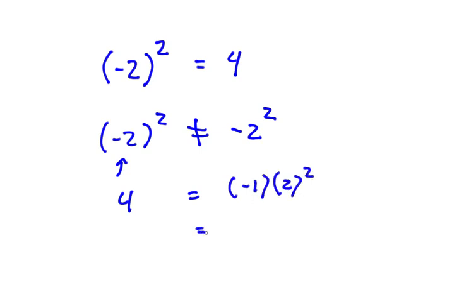Because the negative sign is outside, not inside brackets with the 2, we get negative 1 times 2 times 2, which is 4, so in this case it'll be negative 4. And clearly you can see 4 is not equal to negative 4. So it's very important when you have negative bases that you remember to use brackets to show that the negative and the base value are grouped together and not separate like over here.